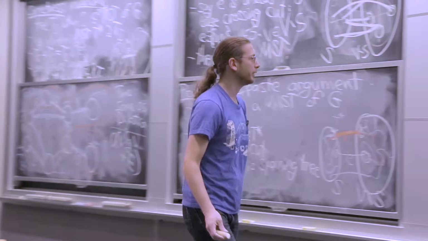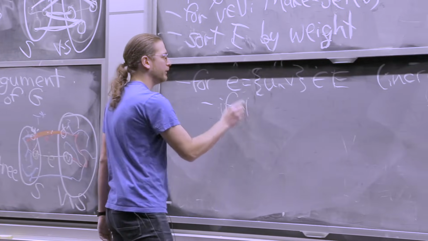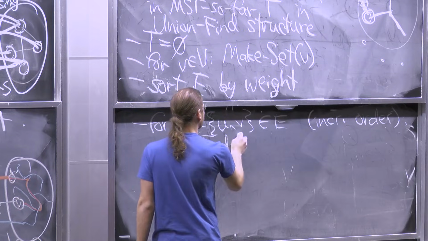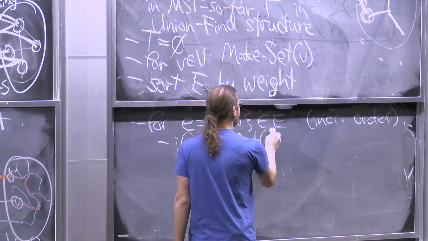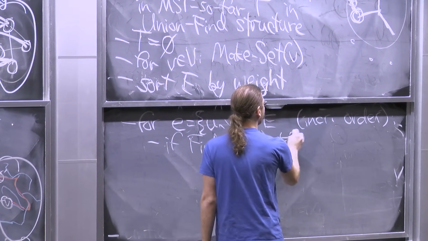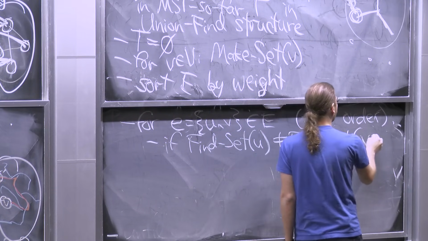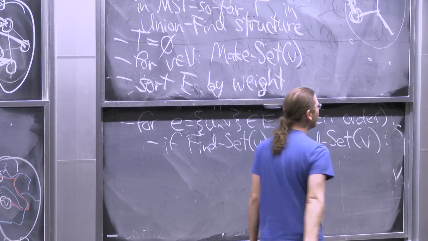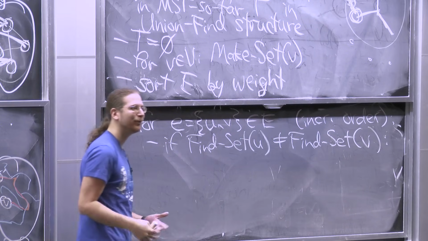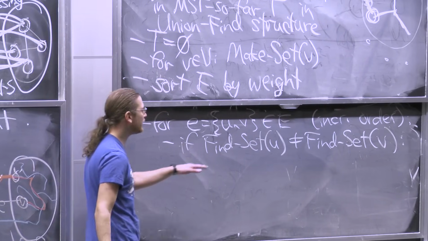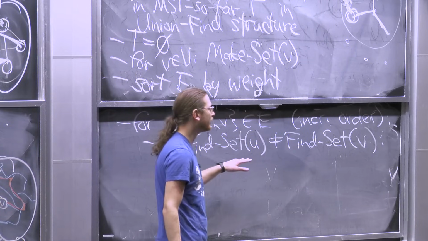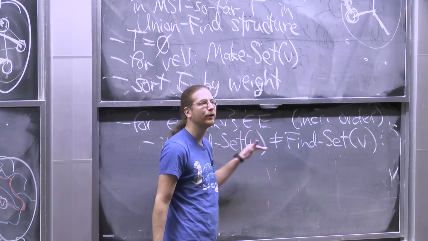So if find set of U is different from find set of V, find set just returns some identifier. We don't really care what it is as long as it returns the same thing for the same set. So if U and V are in the same set, in other words, they're in the same connected component, then find set will return the same thing for both.